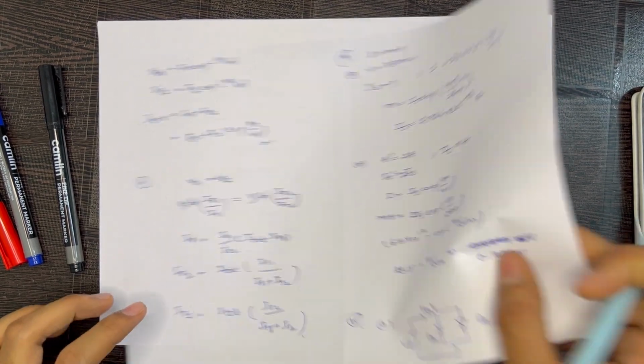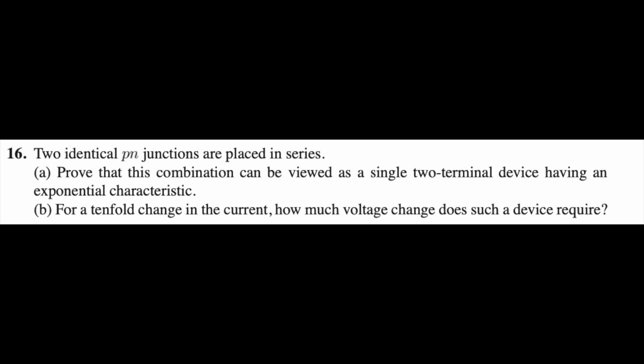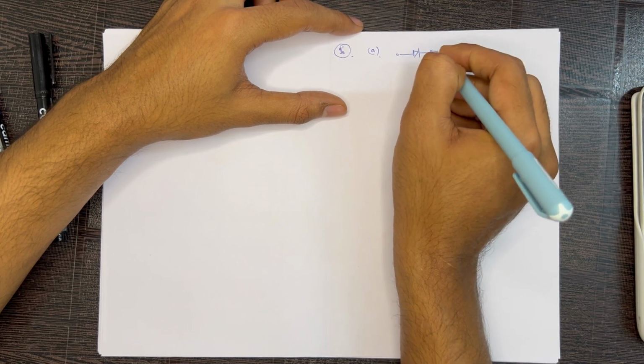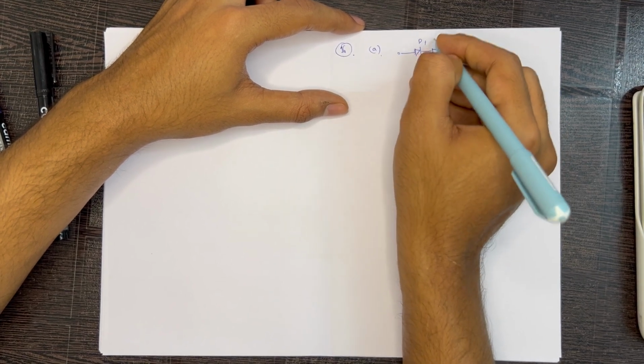Now the next question says two identical PN junctions are placed in series. We need to prove that this combination can be viewed as a single two-terminal device having exponential characteristics. So there are two diodes connected in series, D1, D2.